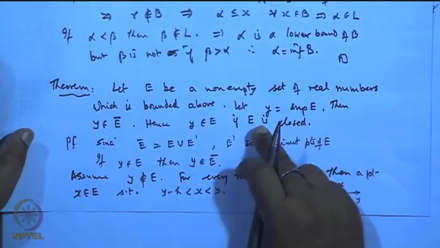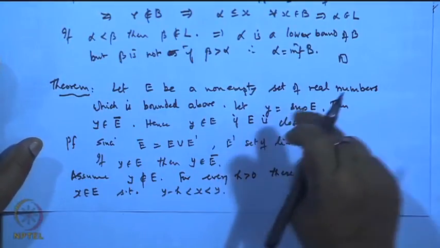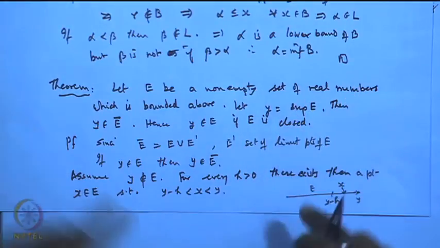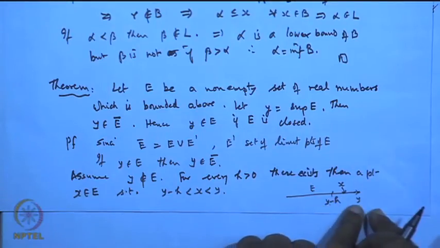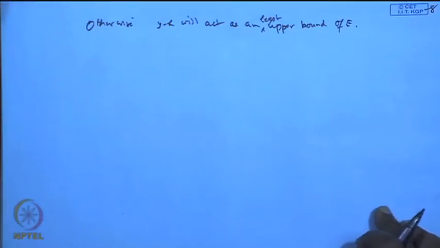So, as soon as you take a number slightly lower than y, some number of E must be available. It means that between y minus h and y, one can always get at least one number x of E.